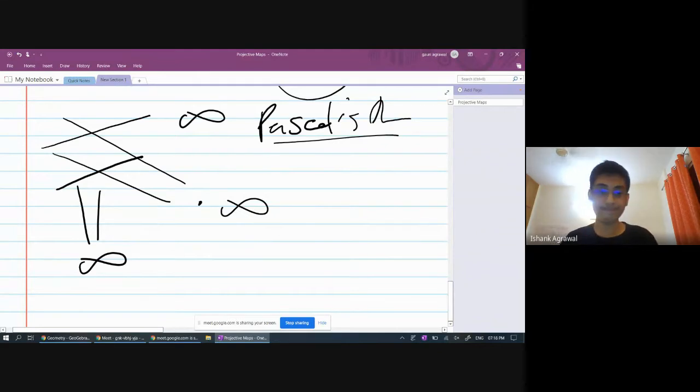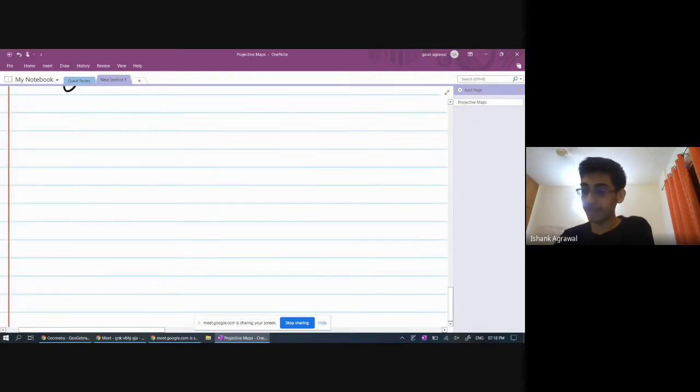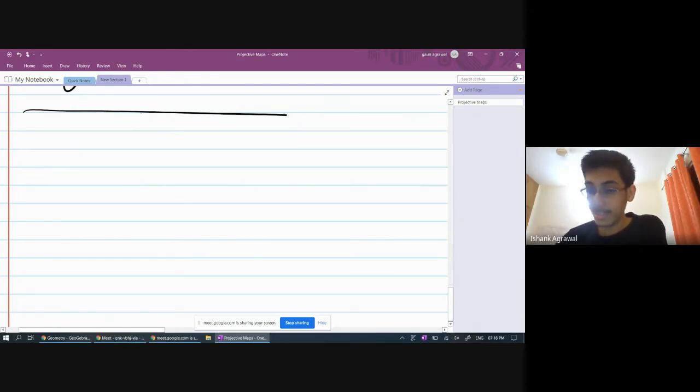Now we're going to go on to what a projection is. We're actually going to call it a perspectivity for historical reasons. This is our first projective map that you're going to learn.